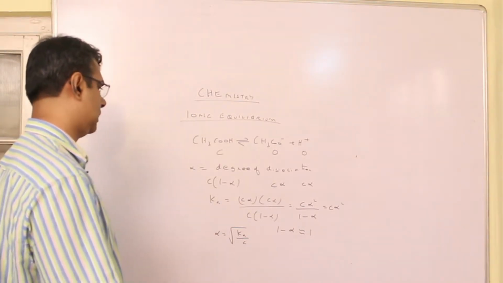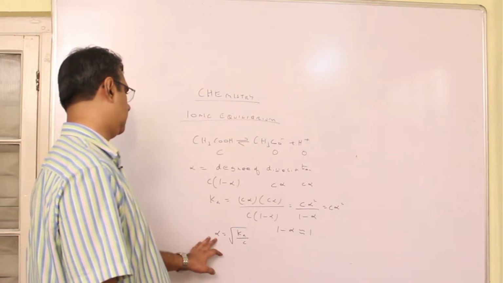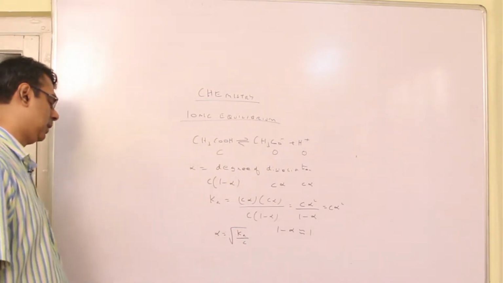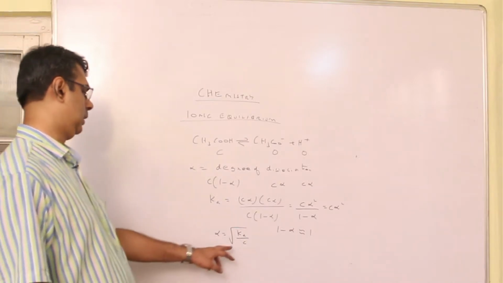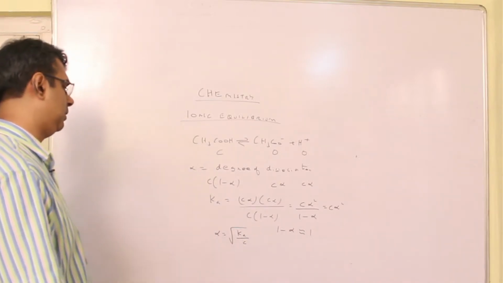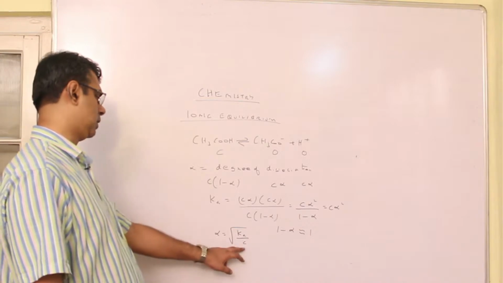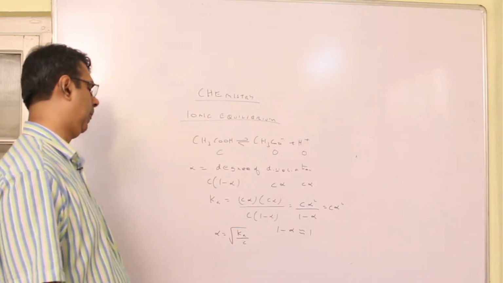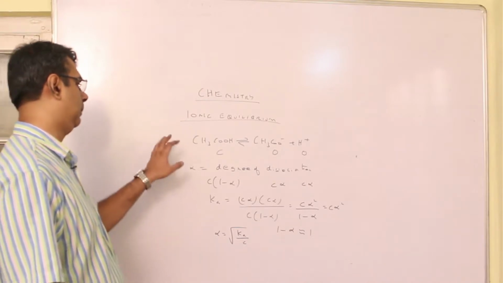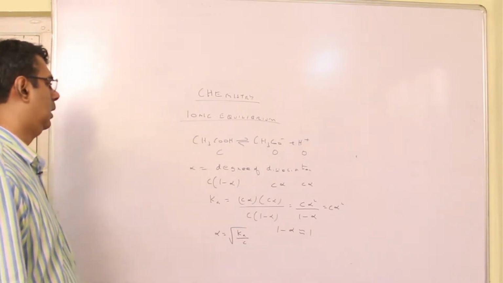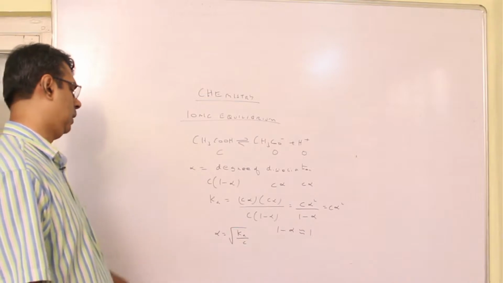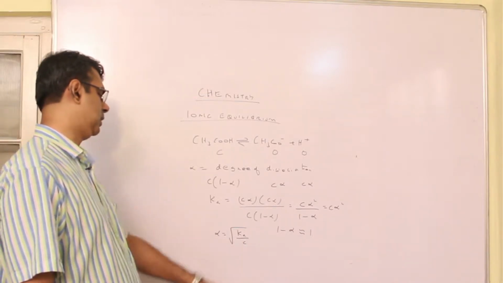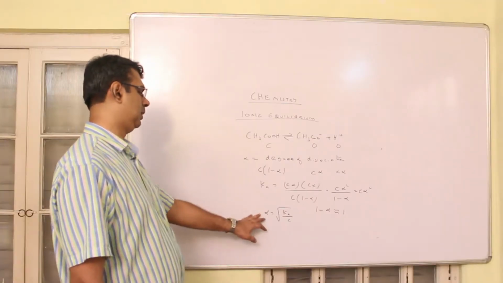A is because it's an acid, and the degree of dissociation is root over Ka by C. Now you will notice in this expression that if C is very low, if the concentration is very low, then alpha will be very high. That means to improve the dissociation of a weak electrolyte, we must make it as dilute as possible. So if C is very low, then alpha will be very high.